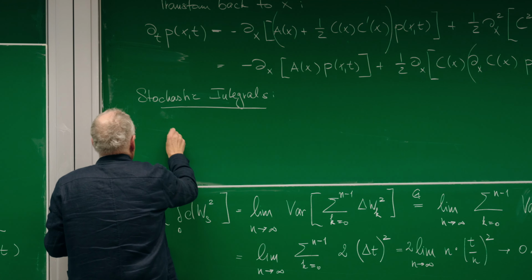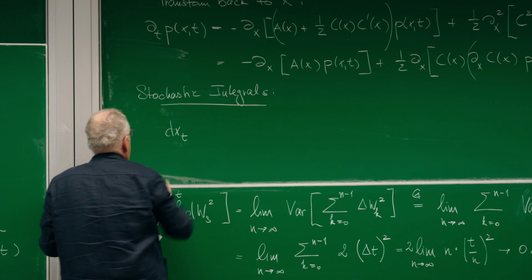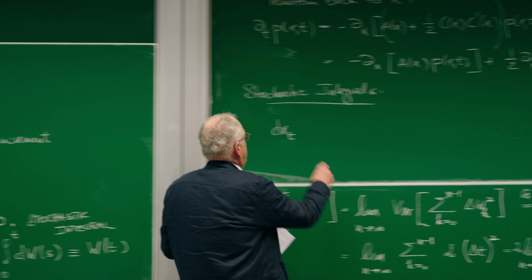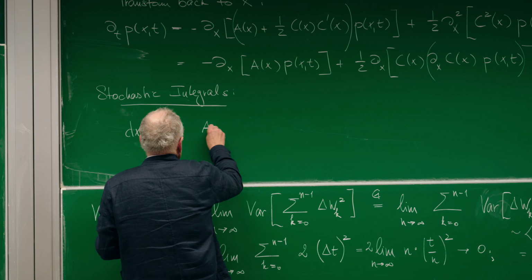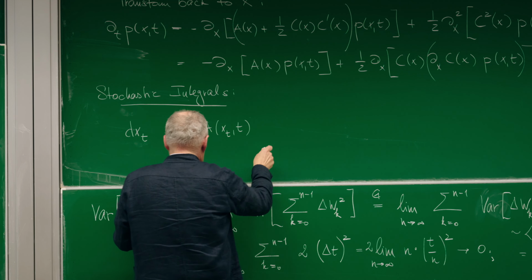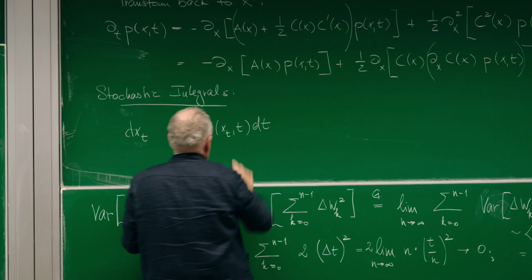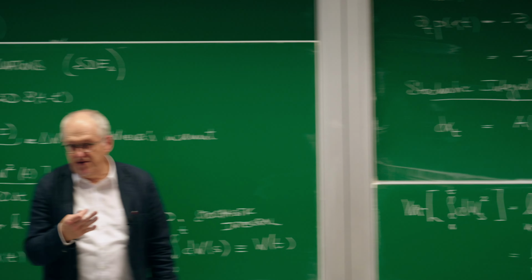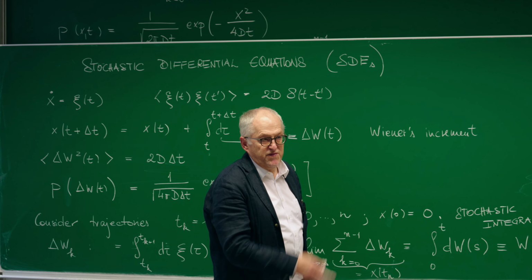Then dx_t, the differential, meaning this difference here, has a term which is a(x_t, t) dt. That is just the deterministic solution of a differential equation written in terms of differentials.